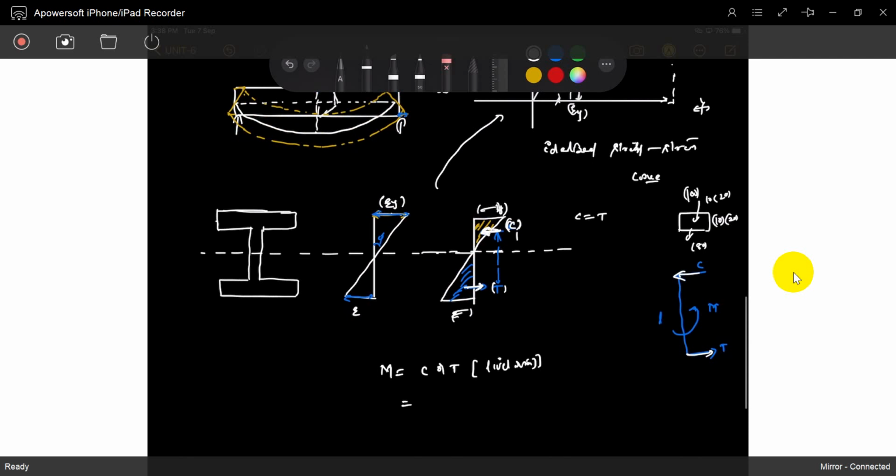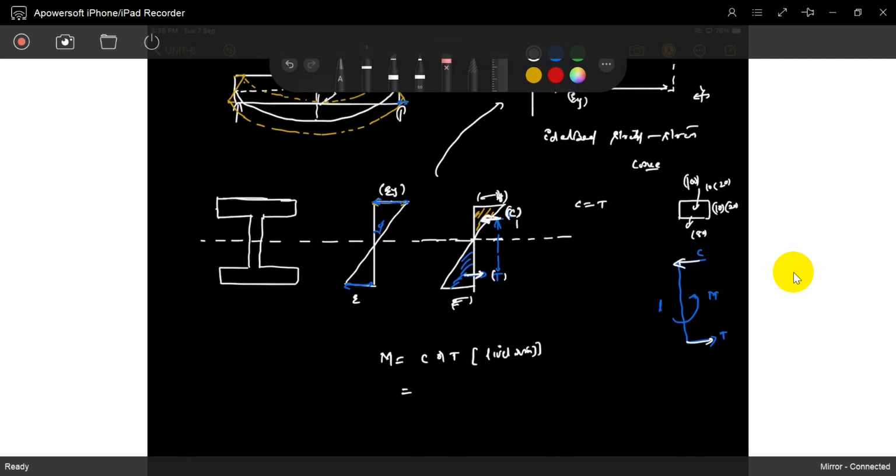If you find out this compressive force and the tensile force, you will get sigma into Z, sigma y into Z. This is called the elastic modulus. Sir, there is a formula M by I equals sigma by y.